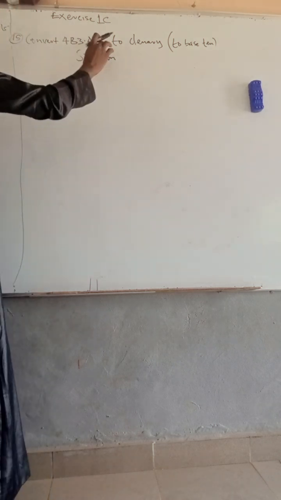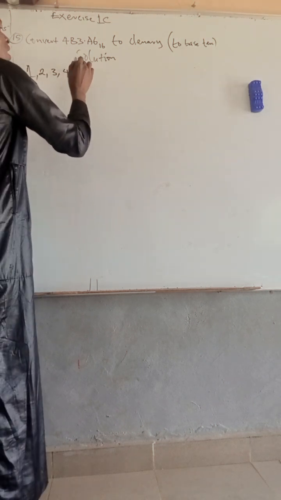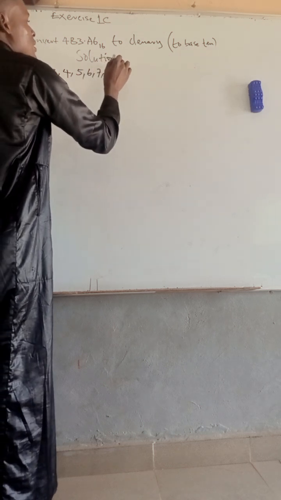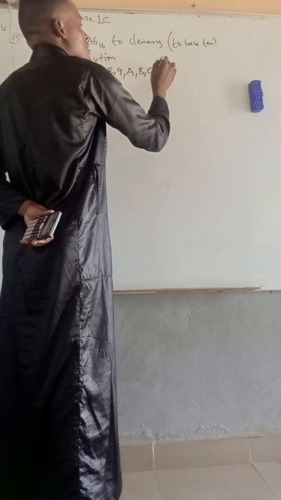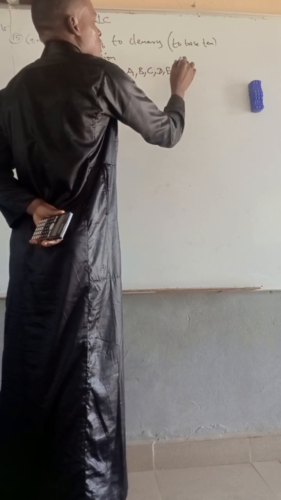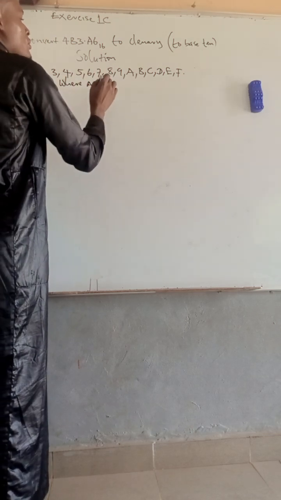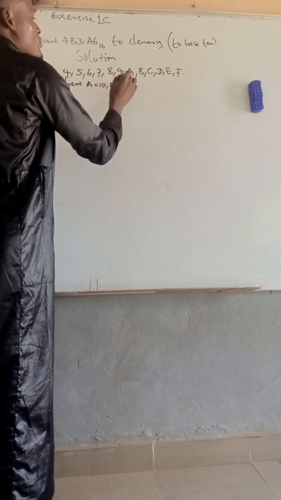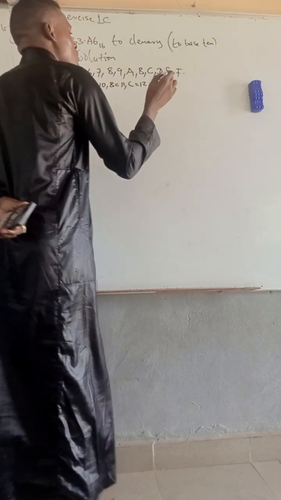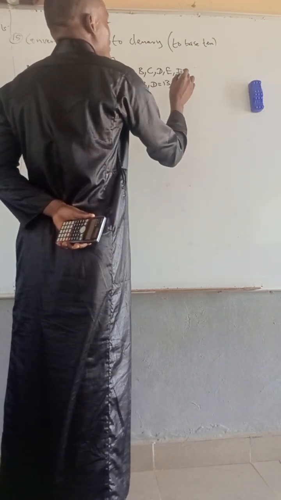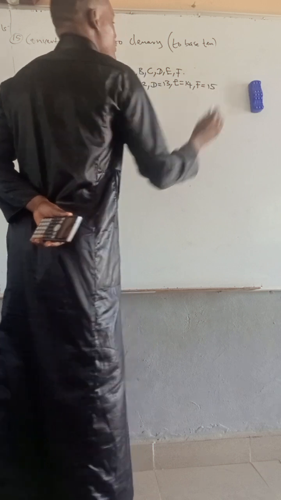The digits are 1, 2, 3, 4, 5, 6, 7, 8, 9, A, B, C, D, E, and F, where A is equal to 10, B is equal to 11, C is equal to 12, D is equal to 13, E is equal to 14, and F is equal to 15.